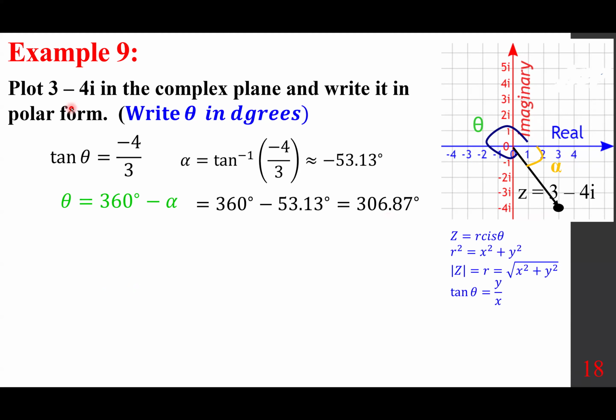To write it in polar form, R cis theta, we have to find the R, which is the square root of x squared plus y squared. That means 3 squared and -4 quantity squared.